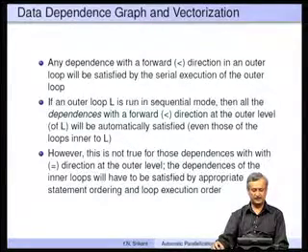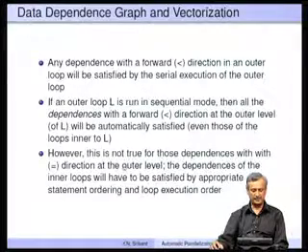So, if an outer loop L is run in sequential mode, then all the dependencies with a forward direction at the outer level of L will be automatically satisfied, even those of the loops inner to L.